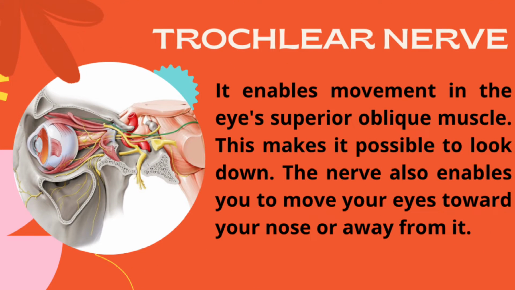The fourth cranial nerve that we will be assessing is the trochlear nerve. It enables movement in the eye's superior oblique muscle. This makes it possible to look down. The nerve also enables you to move your eyes toward your nose or away from it.